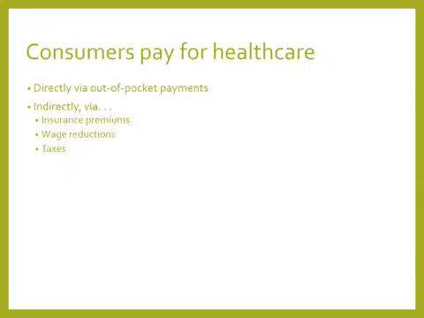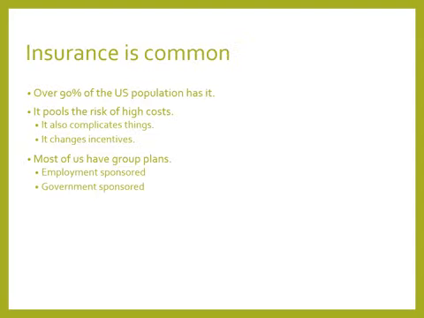So, conclusion. Consumers pay for healthcare. We pay it via out-of-pocket and via our insurance premium, wage reductions, and even taxes. Insurance is common. Over 90% of the U.S. population has insurance. It's a pool of high-risk cost, and it also complicates things over time.